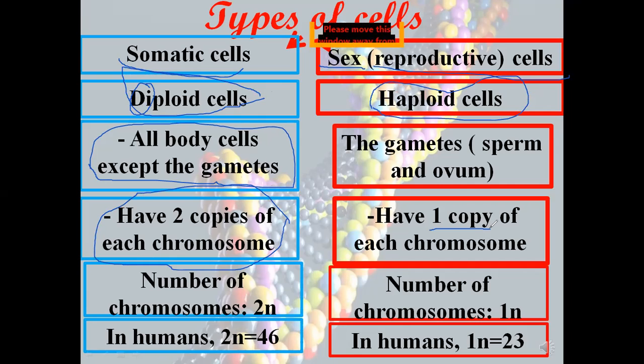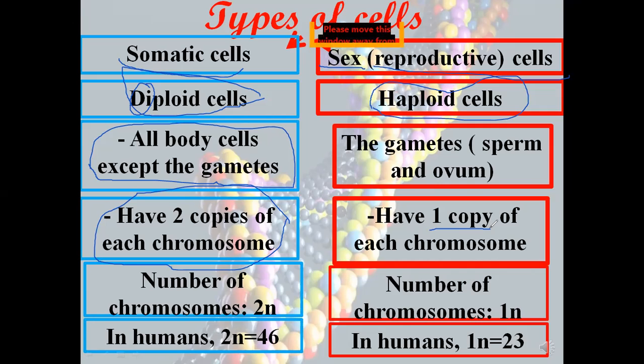Okay, so let's repeat this. First, the diploid cells are the somatic cells. They are all the body cells except the gametes, and they have two copies of each chromosome.